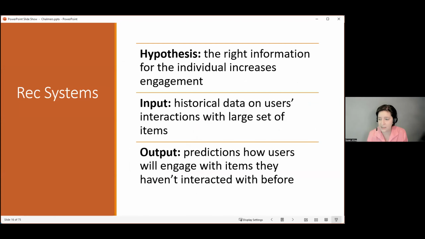Now let me move to my next application, which is recommendation systems. A recommendation system basically tries to use historical data on users' interactions with a large set of items, and then predict how they're going to engage with items they haven't interacted with before.